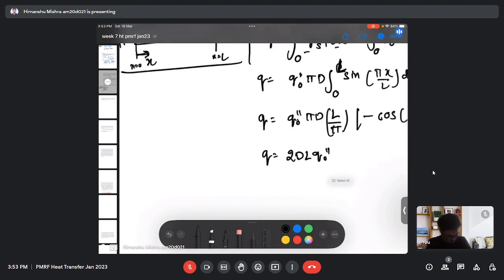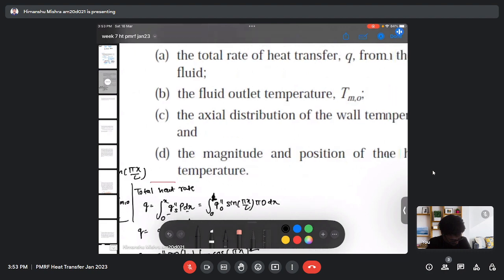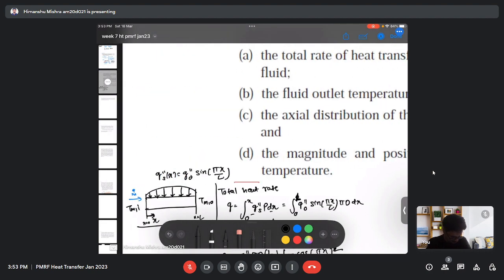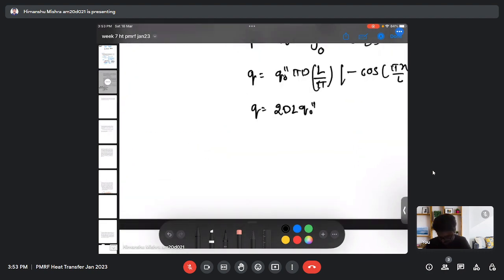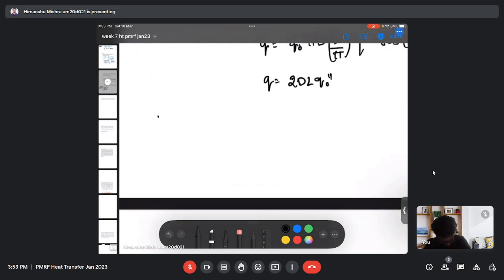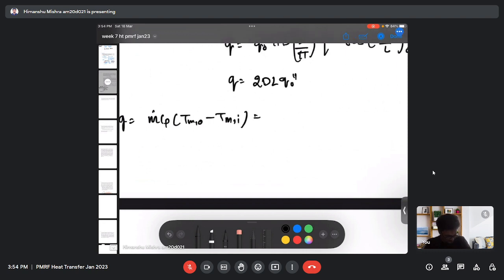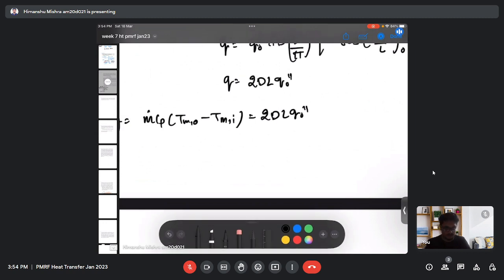Now to find the fluid outlet temperature, from the energy balance we can write Q as m Cp times outlet minus inlet temperature, and my total heat transfer we found is 2dl q naught. So we can use this expression to find the outlet mean temperature.